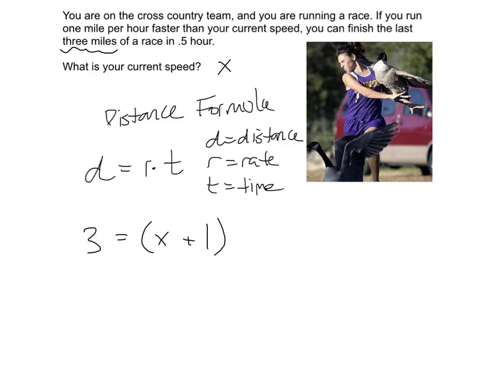Okay, because it says if you run 1 mile per hour faster than your current speed, so that's x, and then we add 1 to make it 1 mile per hour faster, we'll finish that last 3 miles in a half hour. Now, time. What about time? What's the time we know? Right there, 0.5. Okay, so here's our setup.